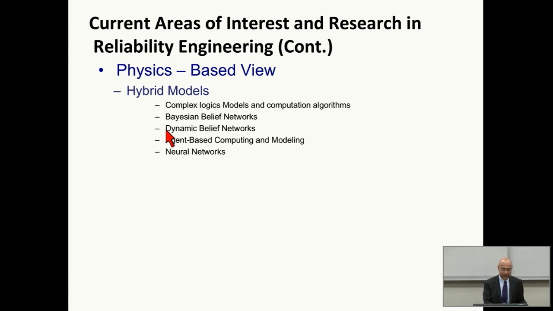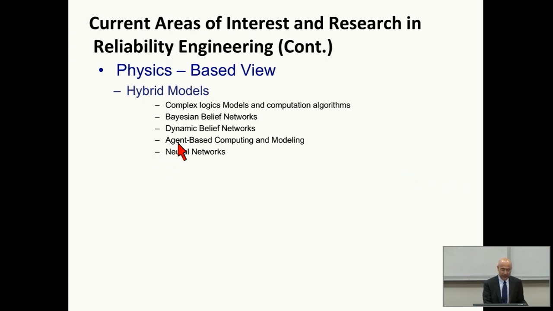Another aspect is the dynamic belief networks, another very highly focused and advanced area of research these days. How can we use, again, information and data from degradation, gathered dynamically, and then find the reliability conditioned on that information.